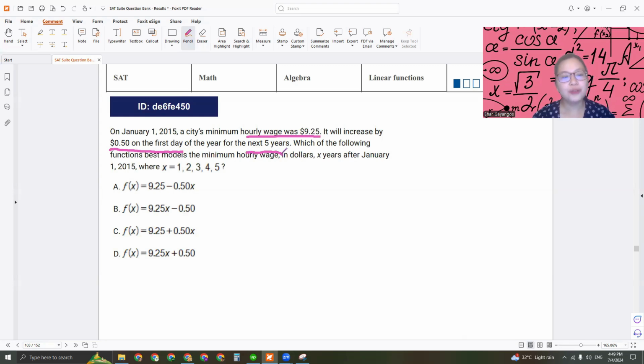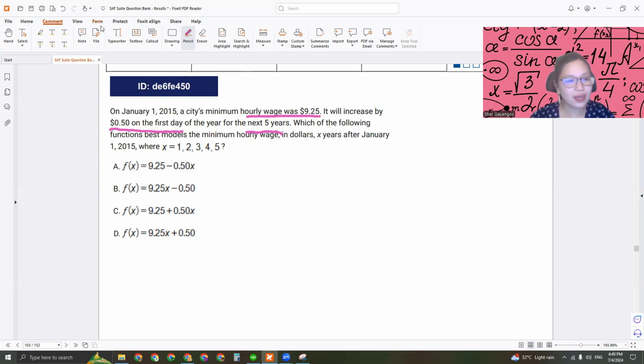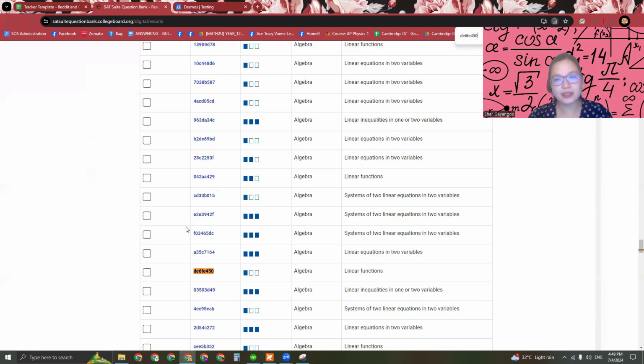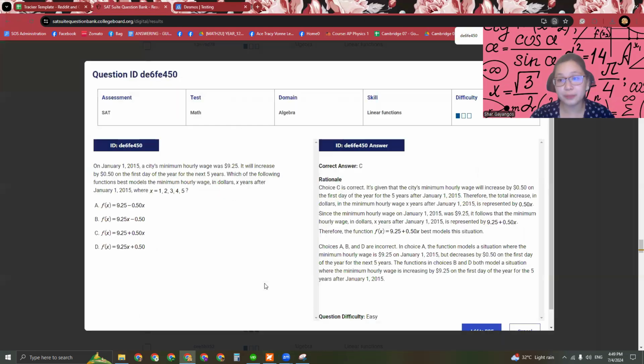Which of the following functions best models the minimum hourly wage in x years? Okay, I think the values are a little bit mixed up. Sometimes that happens whenever you export, but you know what? We can't complain. College Board has made this so easy for us.